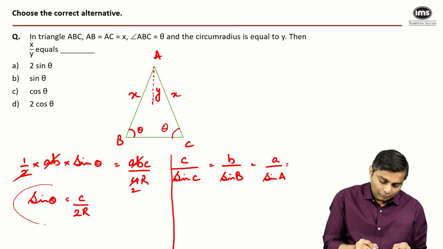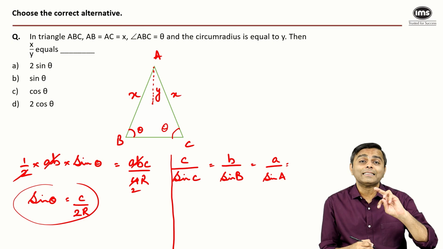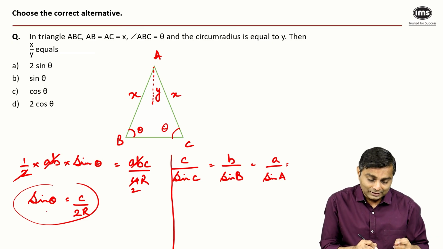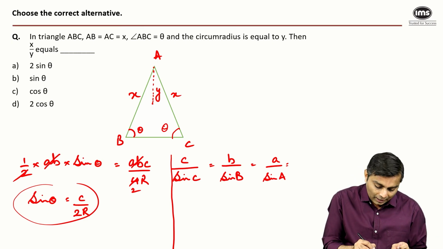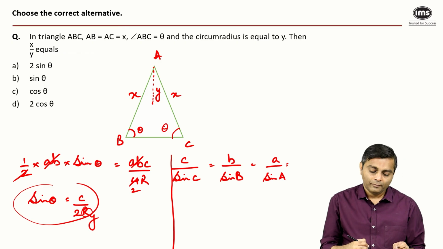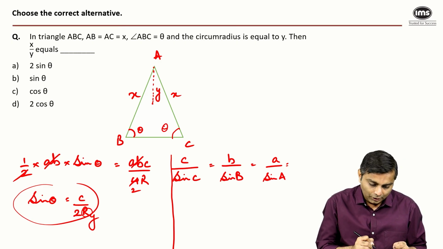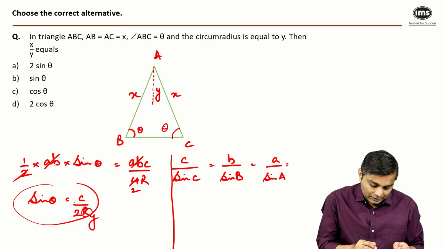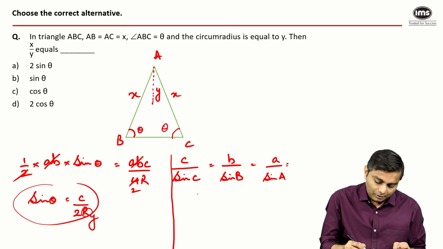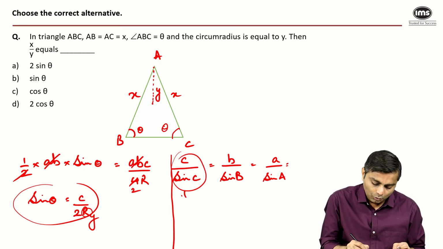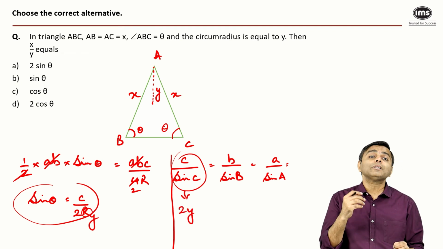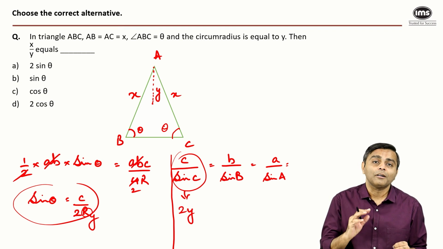Now, from here, what we know is sine theta is actually equal to what? See, this R is nothing but y. So, sine C is nothing but C upon 2y, correct? So, C upon sine C is nothing but 2y. C upon sine C is equal to 2 times y.